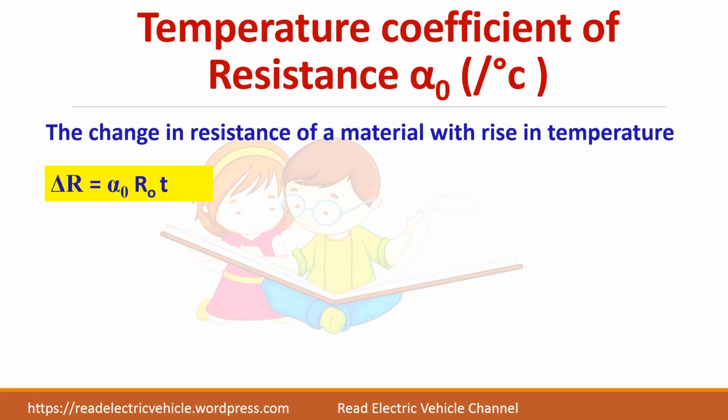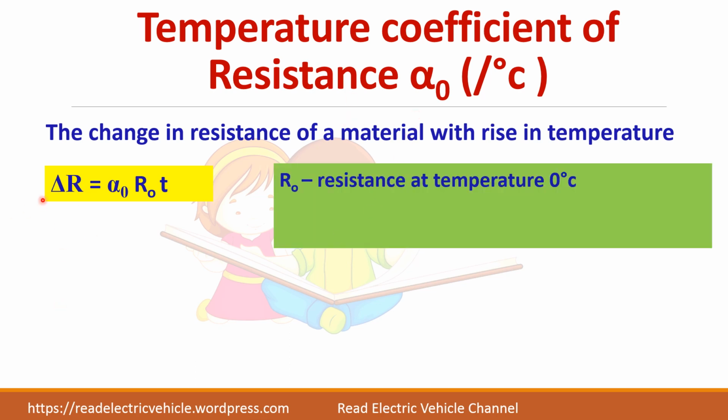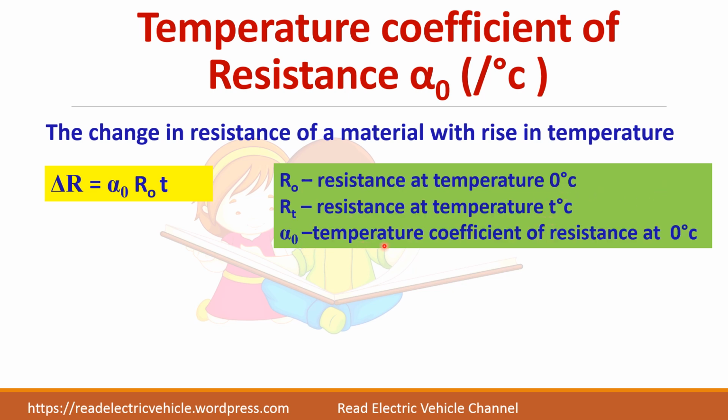So let us see what is the temperature coefficient of resistance. So we have already derived change in resistance is equal to alpha naught R naught into T, where R naught is the resistance at 0 degree, RT is the resistance at T degree, and alpha naught is the temperature coefficient at 0 degree. So what is change in resistance? RT minus R naught. So that is equal to this one.